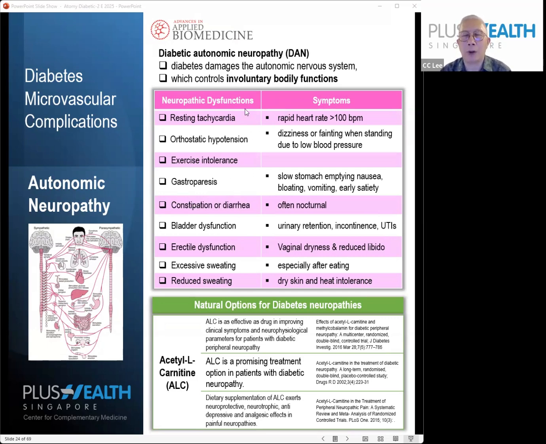Now, what are examples of nerve dysfunction of your autonomic system itself? First, it can cause your heart to beat much faster. This can easily lead to a heart attack. We call it resting tachycardia, which is a rapid heart rate of above 100 beats per minute. You can also suffer from dizziness or fainting when standing, due to too low blood pressure.